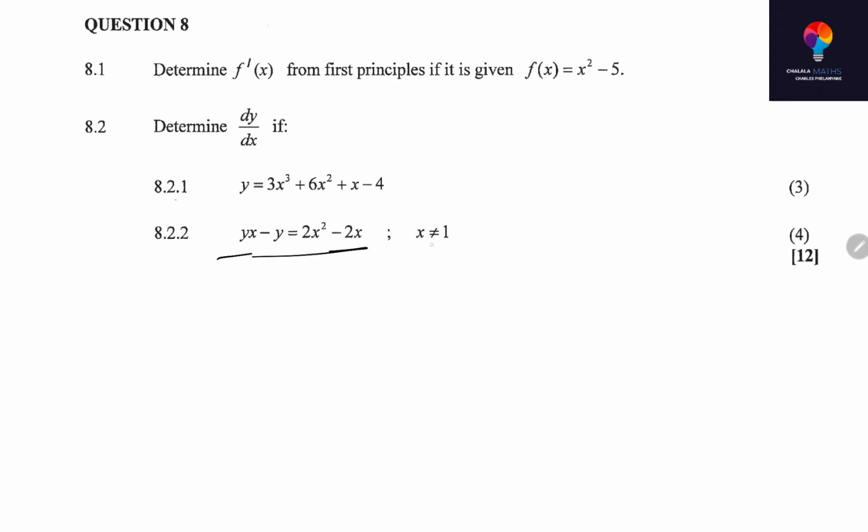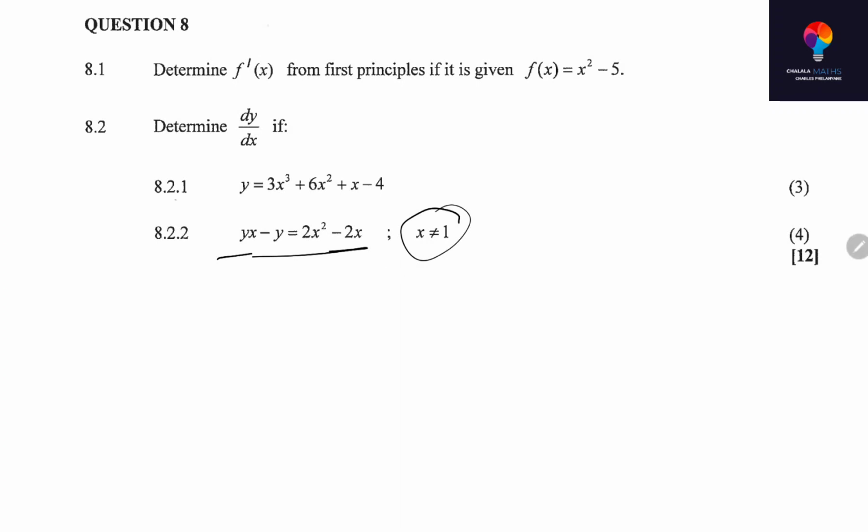And what is important here is that x should not be 1, because you will have a denominator whereby if x is equal to 1 it is going to give us 0, and anything that you divide by 0 is undefined.